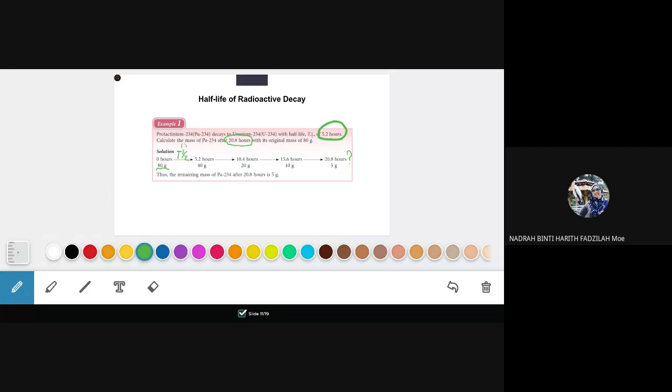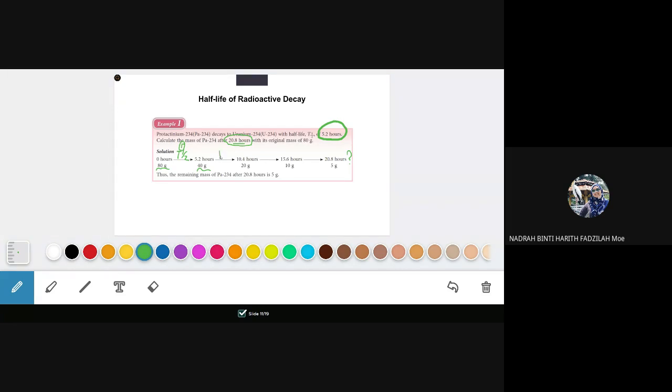Okay, this is the first half-life. Okay, so and then we can see the mass of protactinium reduced to half, jadi 40 gram. Dah sampai 20.8 jam tak? Belum lagi kan? Okay, so kalau belum sampai 20.8 jam, kita tambah lagi.